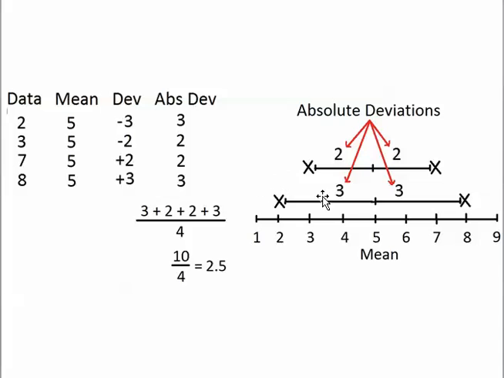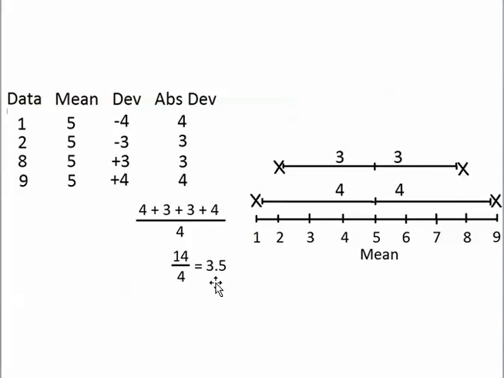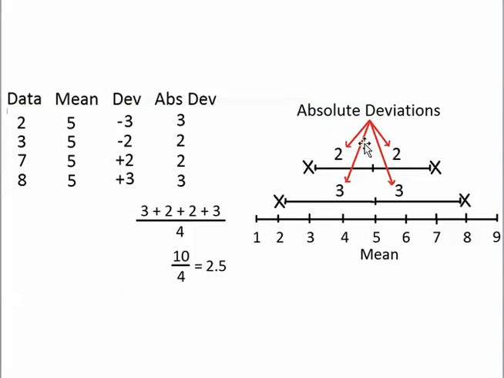We can see that the MAD has now gone up to 2.5, because the mean of 2, 2, 3, and 3 is 2.5. If half the values are 2s and half of the values are 3s, like 2, 2, 3, 3, the mean is 2.5, because that's halfway between 2 and 3.